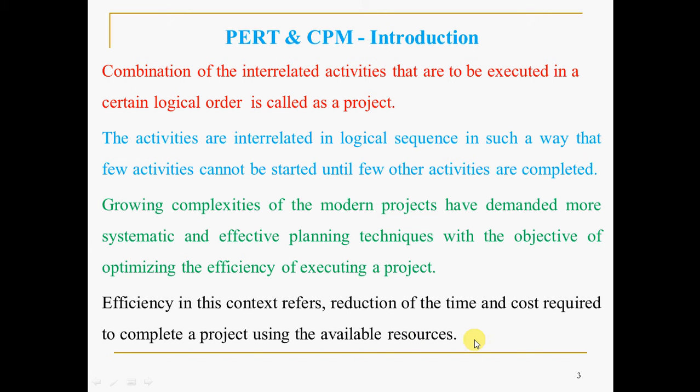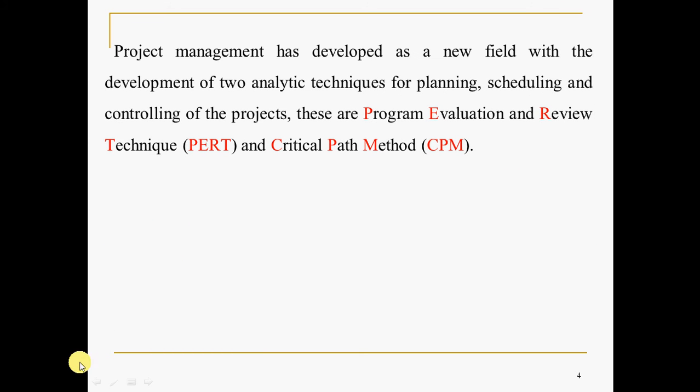Again, it is like an optimization technique. PERT and CPM are optimization techniques which are used to reduce the time and cost required to complete a project using the available resources. Project management has developed as a new field with the development of two analytic techniques or tools for planning, scheduling and controlling of projects.